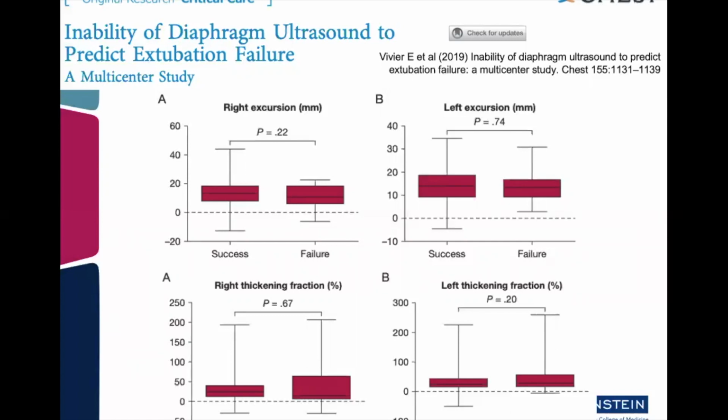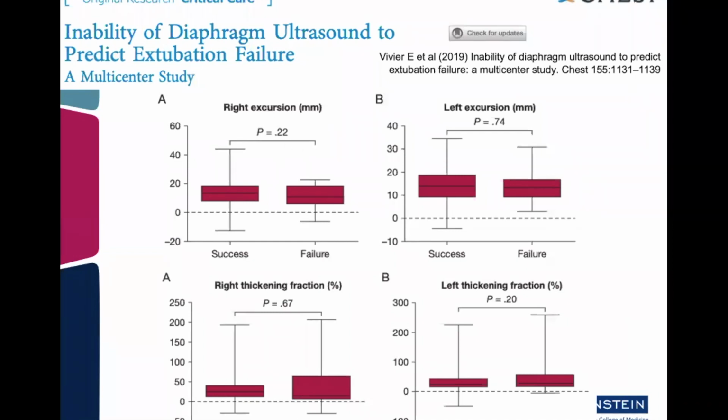And this assessment was performed, importantly, following a successful SBT. So all these patients passed a successful SBT, the diaphragm was measured, and they found that there was no difference in either parameter, thickening fraction or excursion, to predict successful extubation. So we see here on the right and on the left, excursion and thickening, there's no difference in patients that succeeded or failed.